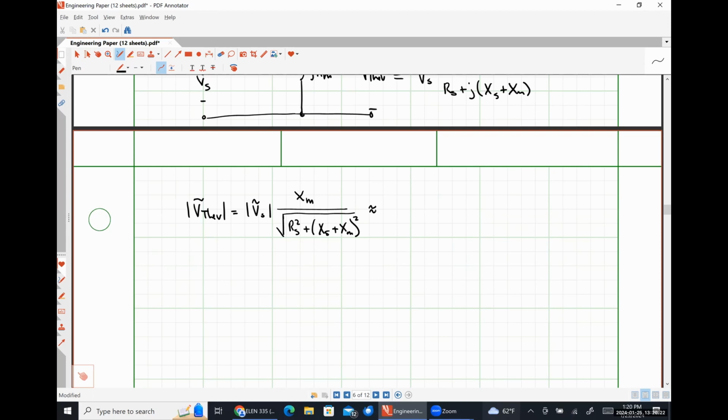So we can approximate our Thevenin voltage as Vs times Xm over Xs plus Xm. Okay. This does introduce a little bit of error, but for the overwhelming majority of induction machines, it should be very, very small. If we ever didn't want to include that error, we could just default back to this expression where we have an exact equivalence and not an approximate equivalence.